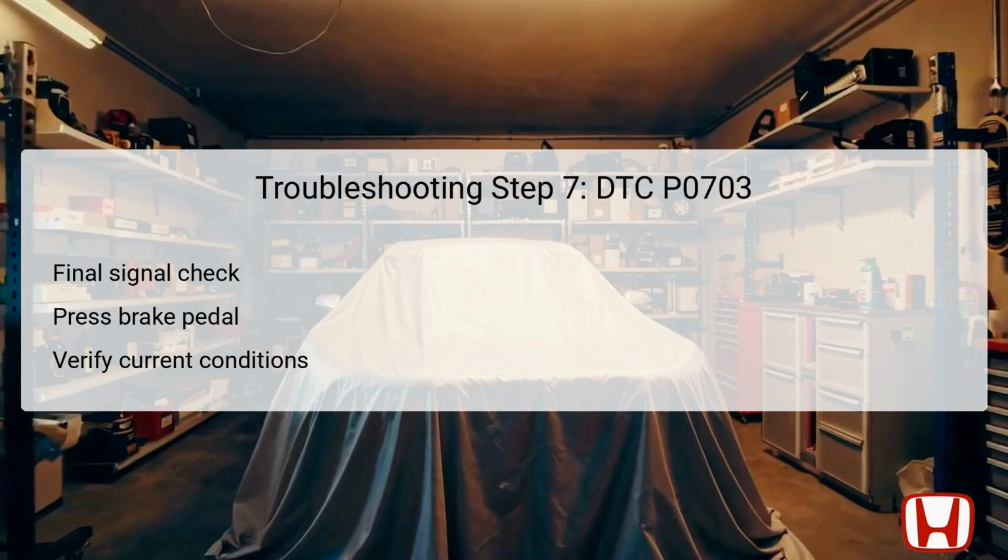Begin by turning the vehicle to the on mode and ensure that the brake pedal is pressed. Utilizing the HDS, review the parameters for cruise brake SW idle and stop SW, again, to check for alignment between current conditions and expected signals.